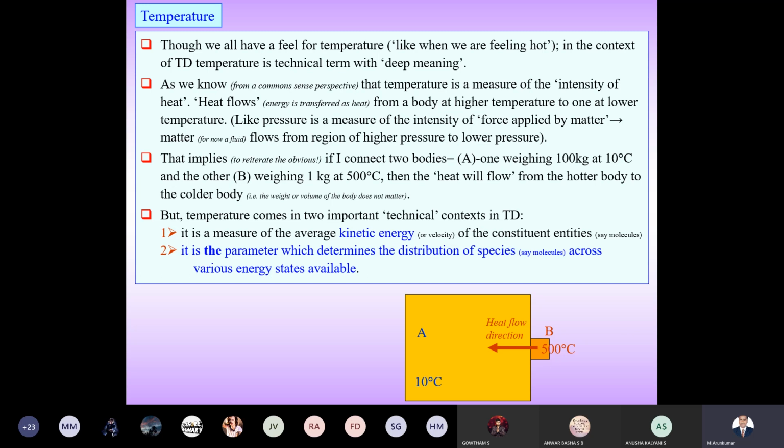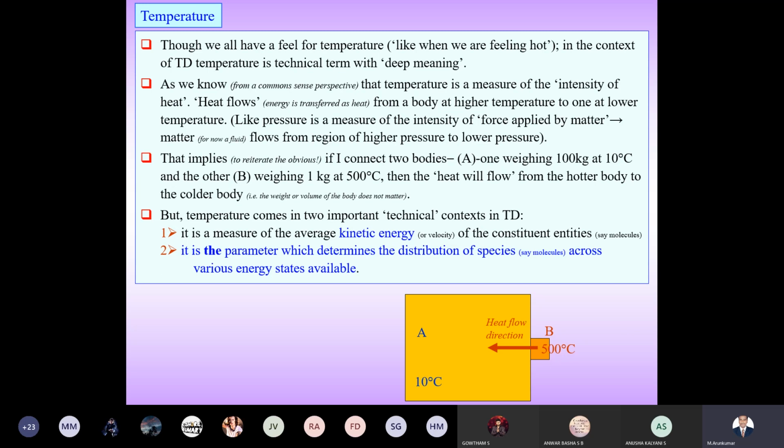So this was our assumption, but that implies if I connect two bodies, A, one weighing 100 kg, assume an object at 10 degrees Celsius, and the other one, B, weighing 1 kg at 500 degrees Celsius. You can assume this figure.